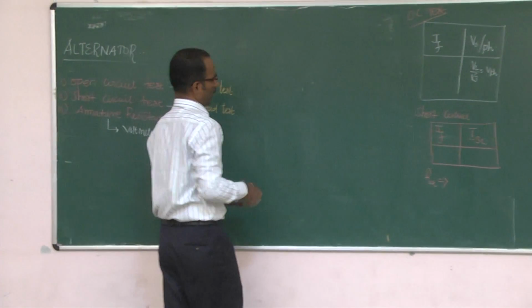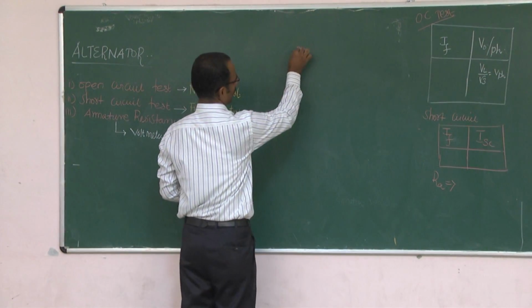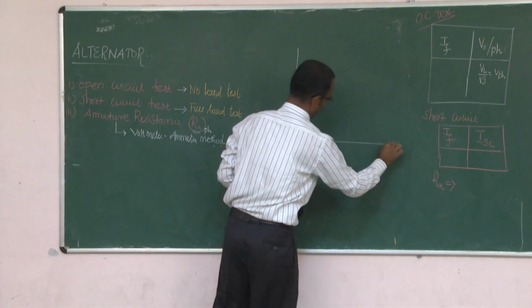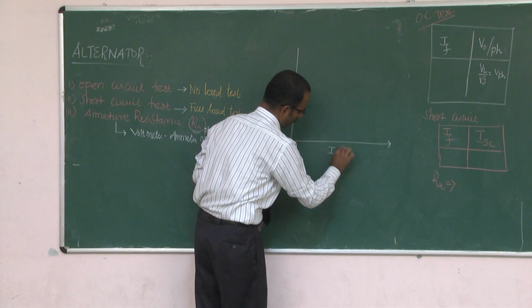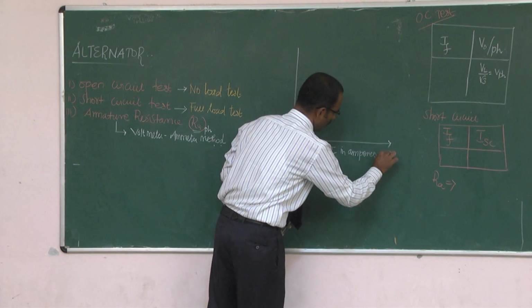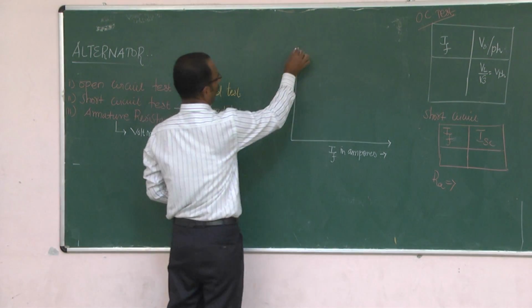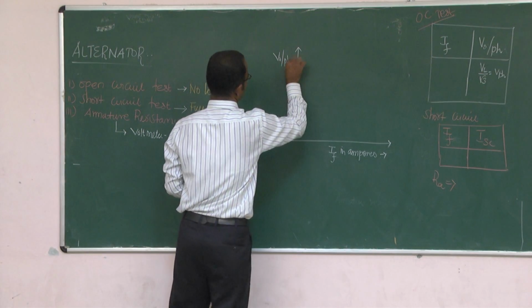First, we are going to plot the graph between the field current and the open circuit voltage. The field current is taken on the x-axis. The open circuit voltage per phase value is taken on the y-axis.